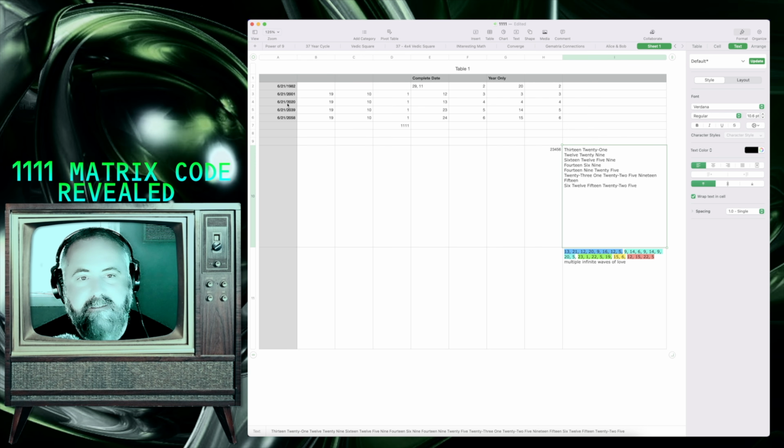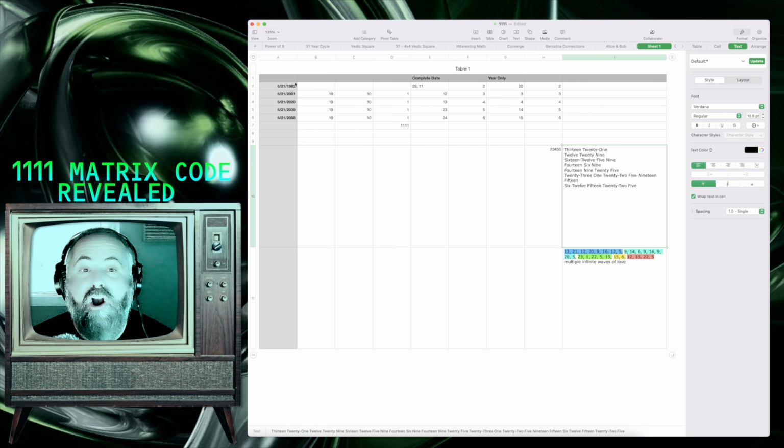The next date, you get 13, and 1 and 3 becomes 4. The next date, you get 23, and 2 and 3 becomes 5. And then the last date, you get 24, which is 2 plus 4, 6. You have this sequence of 2, 3, 4, 5, 6.